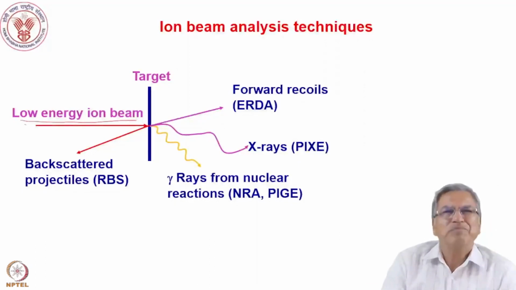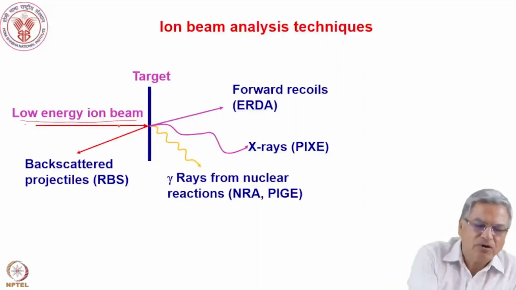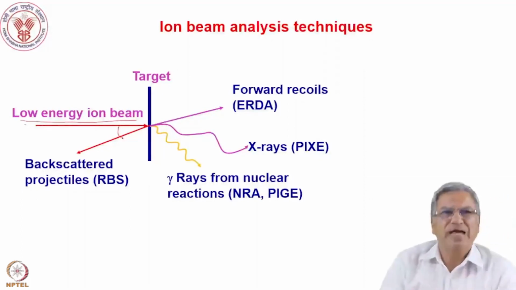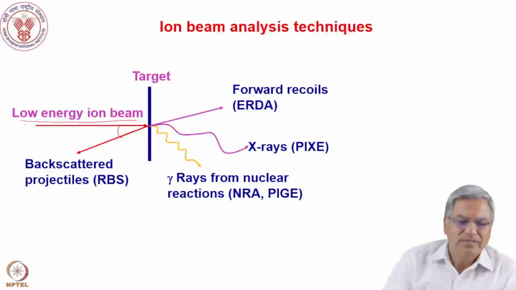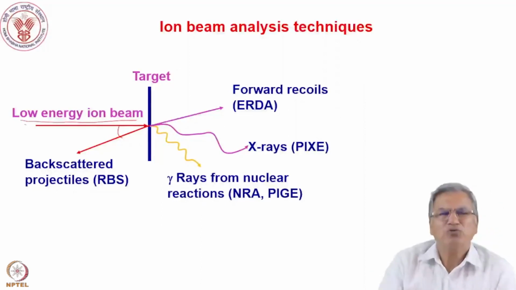When a low energy ion beam, it could be proton, alpha, or even heavier ions, bombards the target, there could be backscattering of the projectile. This is like Rutherford backscattering, and as we will discuss in more detail, there is a specific relationship between the backscattered energy and the mass of the isotopes in the target material.